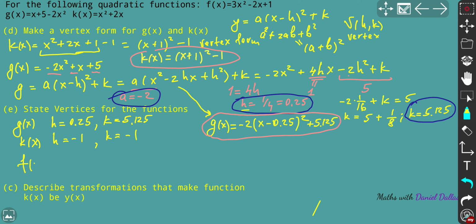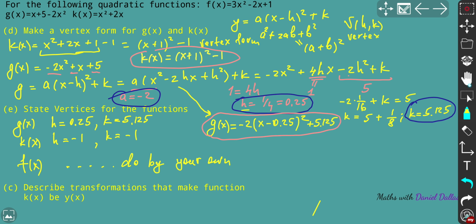For f of x, guys, please do it on your own. Okay. And describe the transformation that makes function k of x be g of x.